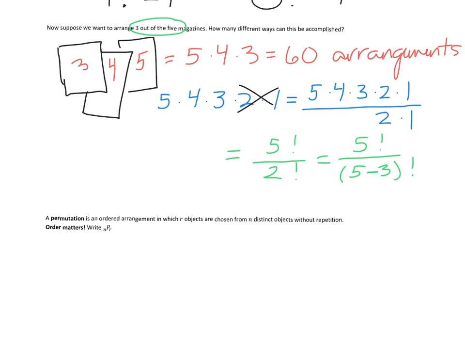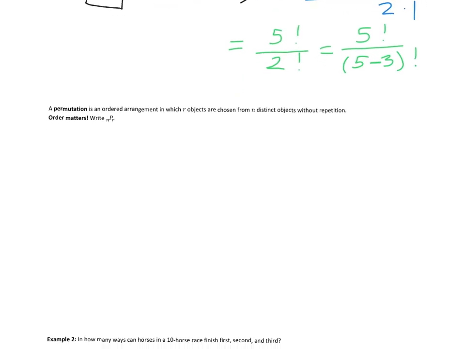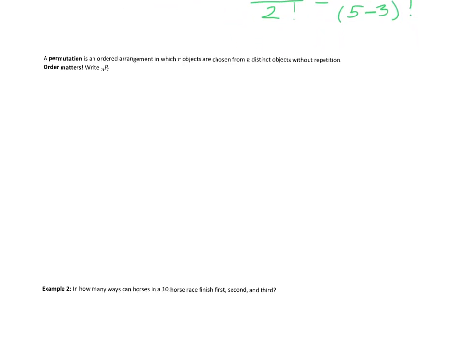So when we're arranging things, the grown-up math word for that is a permutation. A permutation is an ordered arrangement in which our objects are chosen from n distinct objects without repetition. So in this example, 3 objects were chosen from 5 distinct magazines.